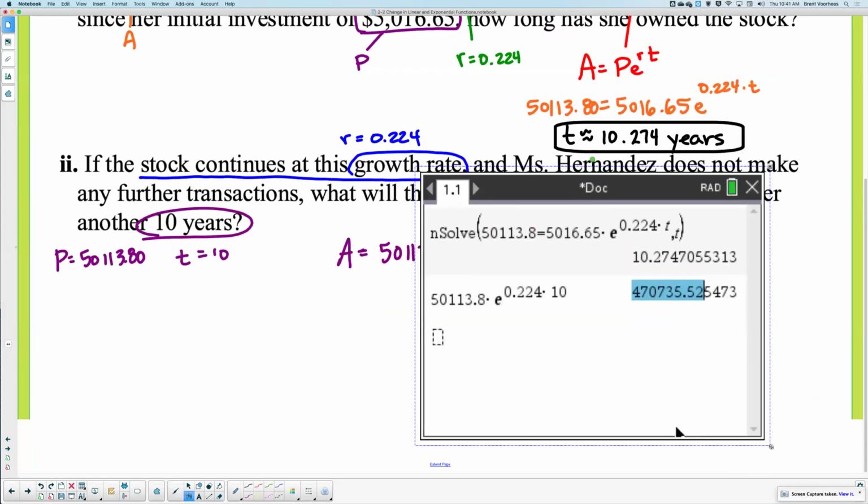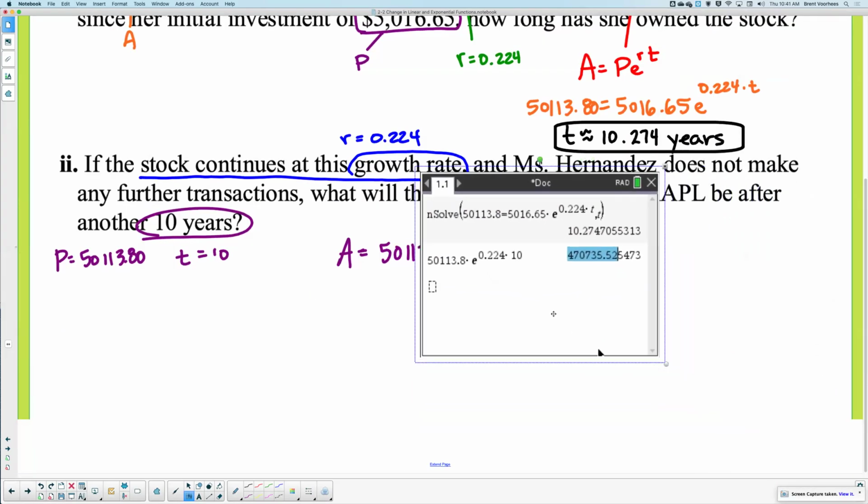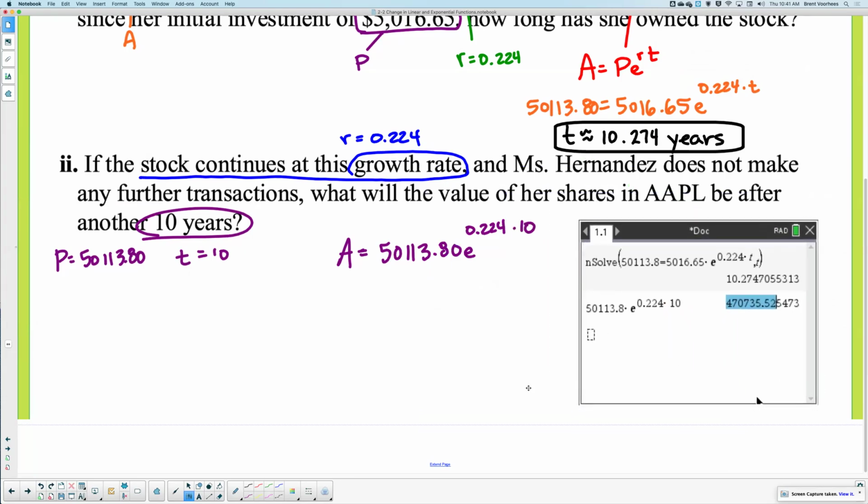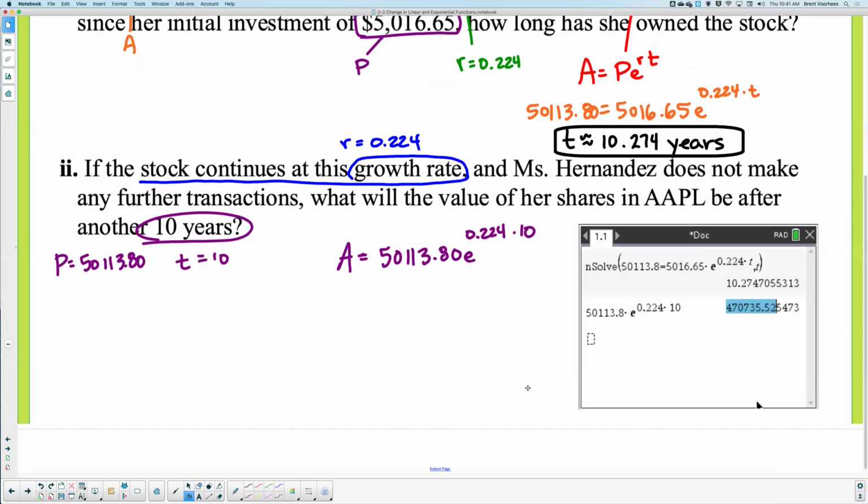How much money did Miss Hernandez work for in this actual problem? She worked for 5,000, and she bought Apple at the right time that had all this growth, and so she ended up without touching it for 20 years, which means basically you sitting in your chair, if you go the next 2 summers, I'm speaking to you as if you are a junior, you spend the next 2 summers making your money, and you don't spend it, you put it in Apple, and Apple grows at the same rate.